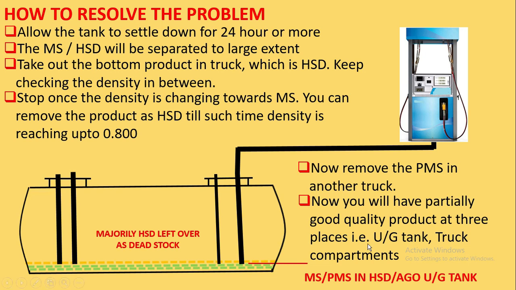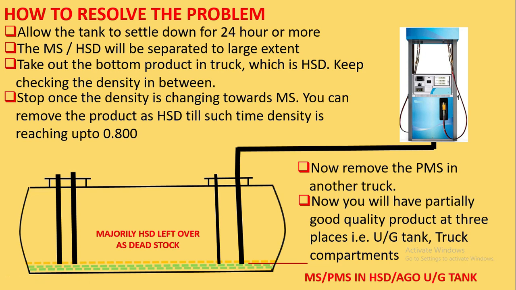Second, two compartments of the truck. One will majorly meet the requirement of HSD, and the second will majorly meet the requirement of motor spirit. Once you reach this situation, you have to arrive at the blend ratio. That is exactly what the refinery does.